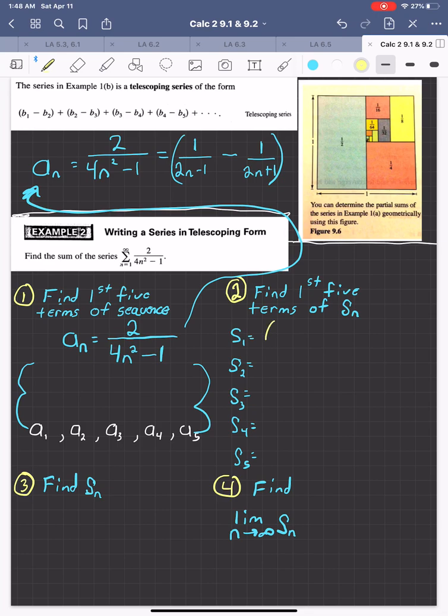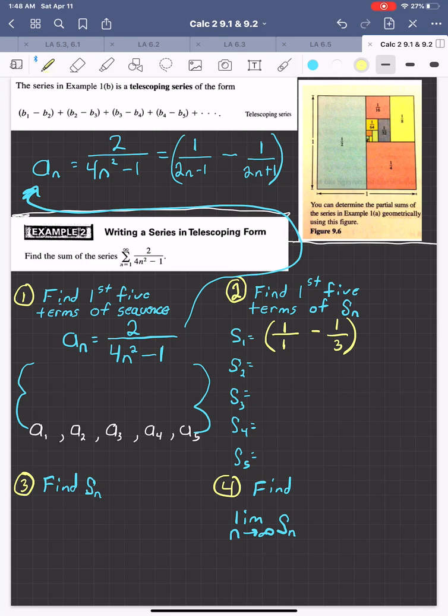So what would that look like? It would be 1 over 2 times 1 is 2 minus 1 is 1. So it would be 1 over 1 minus 1 over 2 times 1 plus 1, so that would be 3. So 1 over 1 minus 1 over 3. That would be the first partial sum.